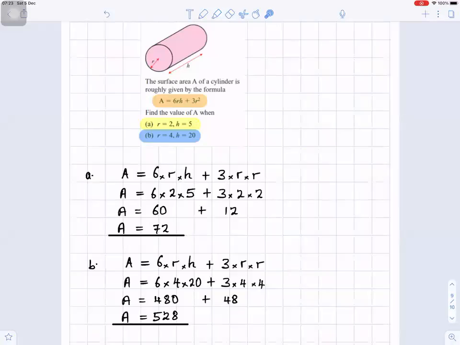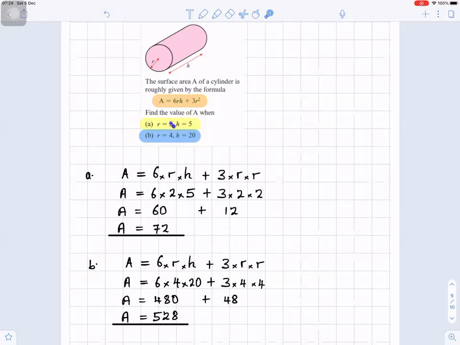The way we do this question, we write down the formula first. A = 6 × R × H + 3 × R × R. That means R squared. We substitute in the numbers. R is 2, H is 5.